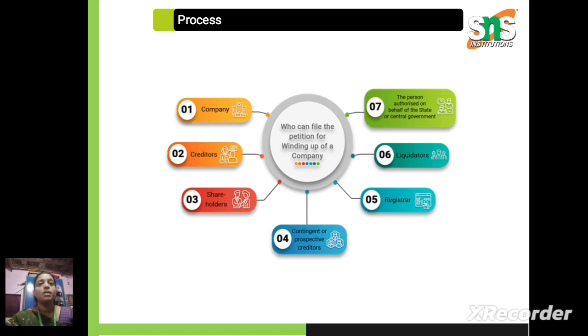A company may be wound up by the tribunal's order. It is so in accordance with the chapters which address the revival and rehabilitation of sick companies, or when the company's business is being operated in a fraudulent manner.